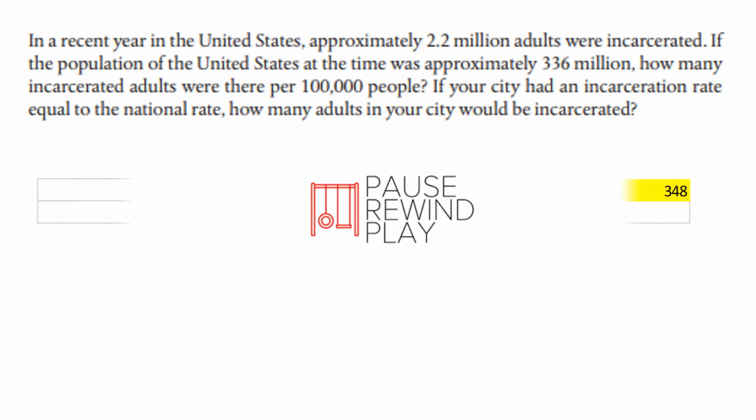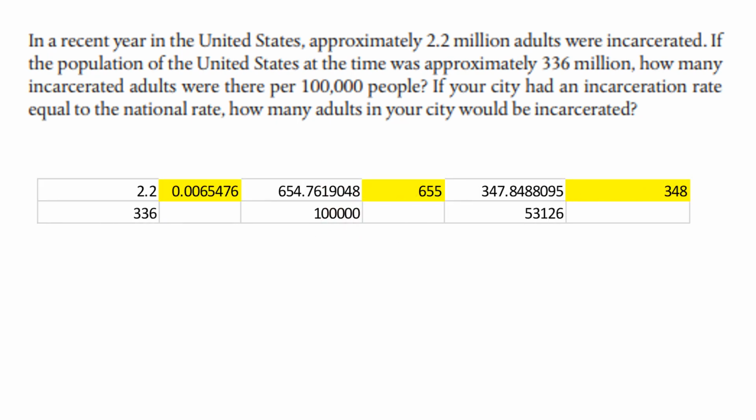Let's see how. Okay, well, 2.2 divided by 336, I didn't need to write the millions. I get this percent is incarcerated. And if you take 100,000 times that, what you're going to do is move the decimal point 1, 2, 3, 4, 5 places.